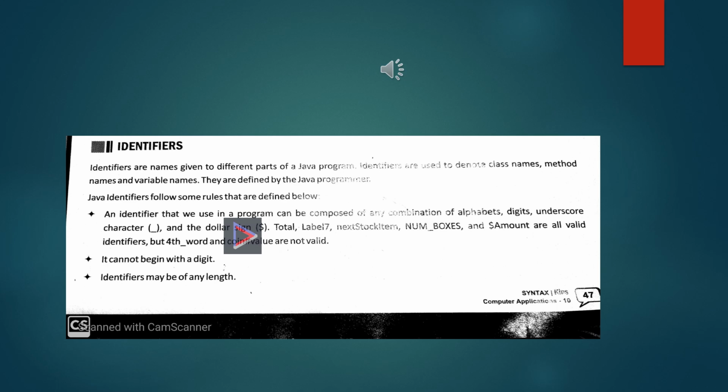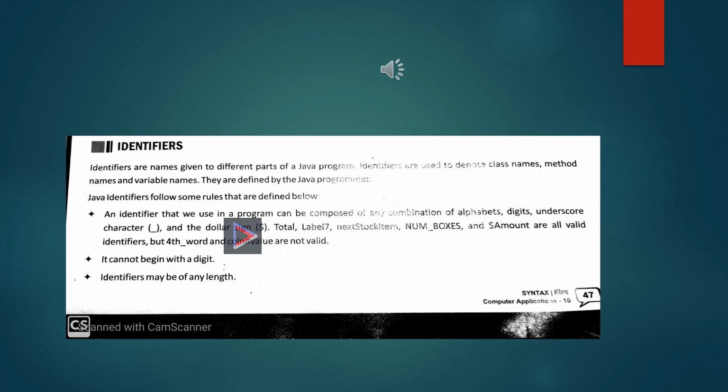Underscore, you can write num_box. Dollar amount you can write. But identifiers like fourth words and coin has value are not valid because fourth word started with a digit, so it cannot begin with a digit. Any other symbol than the underscore and dollar you cannot use, for example hash you cannot use.